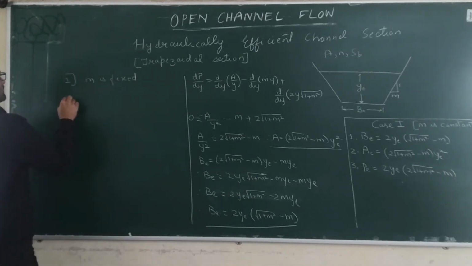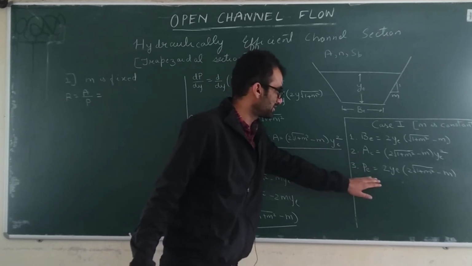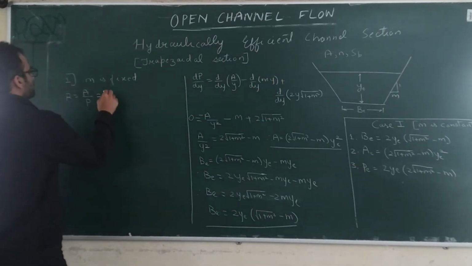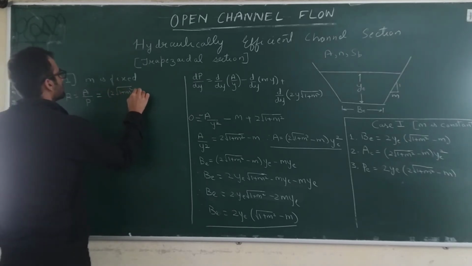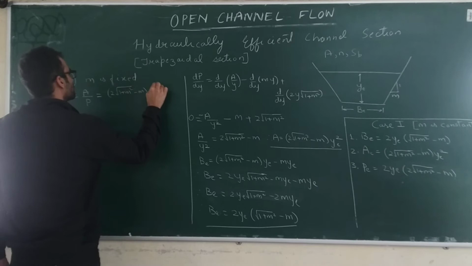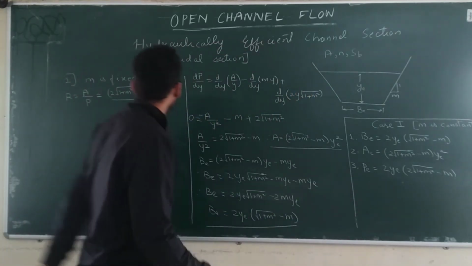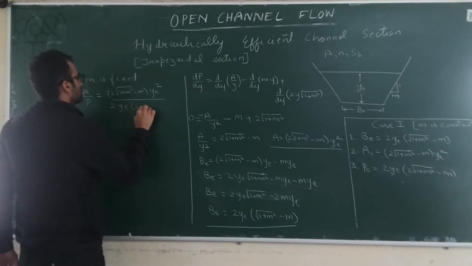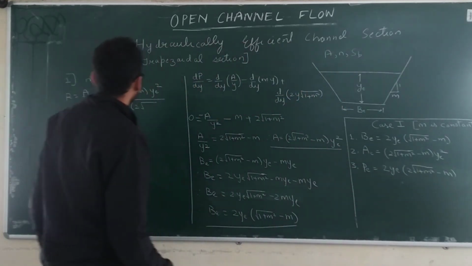R equal to A by P. Just see what is area and what is perimeter, and divide A by P. So it is 2 under root 1 plus m square minus m into ye square upon perimeter, twice ye into 2 under root 1 plus m square minus m.